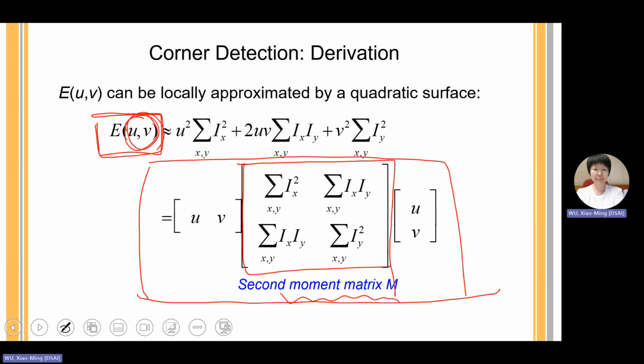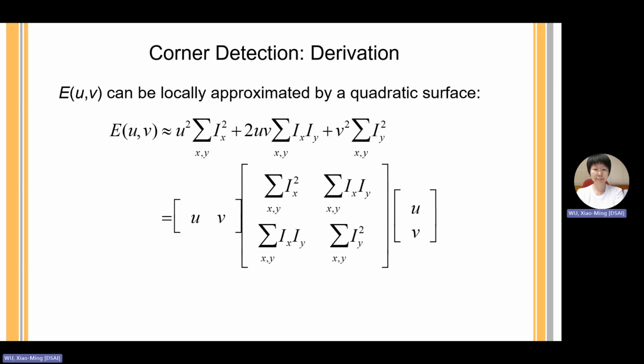Because UV are variables, this function is characterized by this matrix M. It turns out this matrix M contains all the information we need to identify whether this point is a corner or edge or flat region. So the second moment matrix M is the key to corner detection.